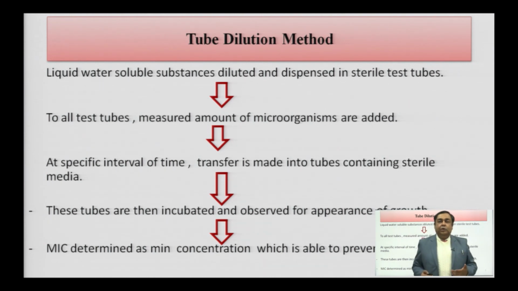The liquid water soluble substance, or the chemical which we want to test, is diluted in a particular solvent and dispensed in sterile test tubes. That is, you have to prepare a series of varying concentrations of the disinfectant or any chemical for which you want to measure the inhibitory capacity.